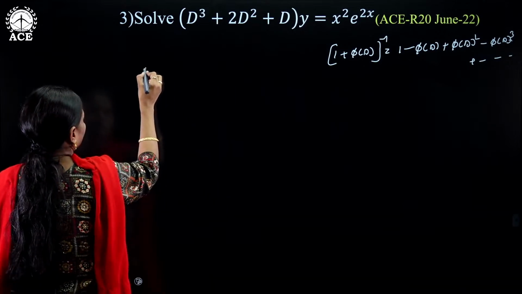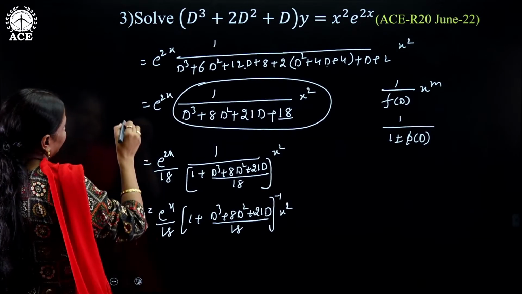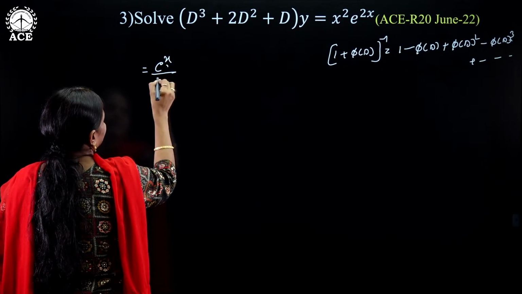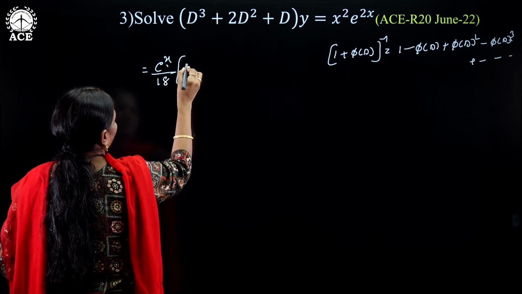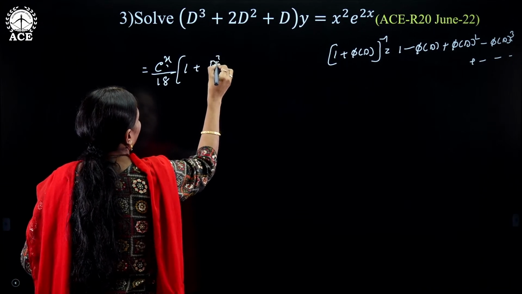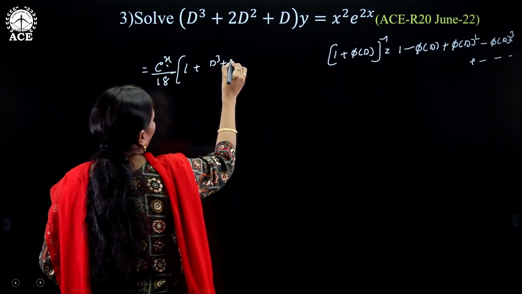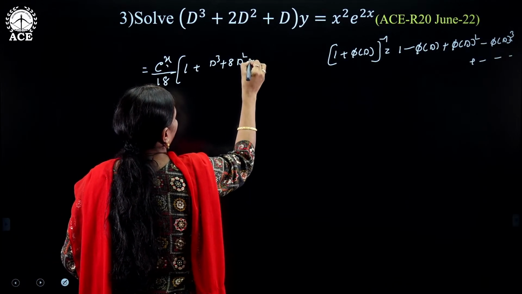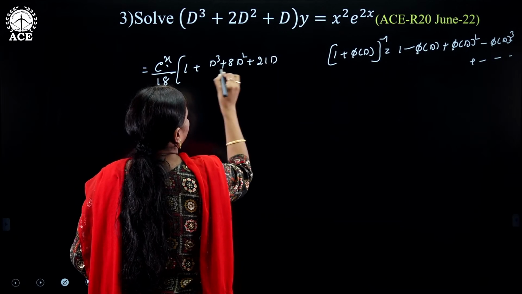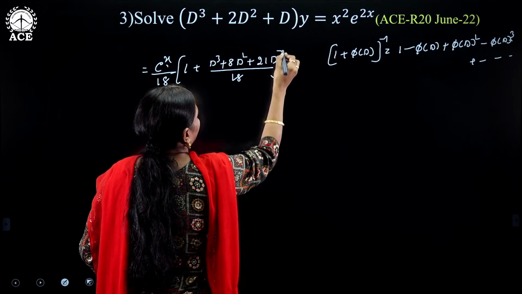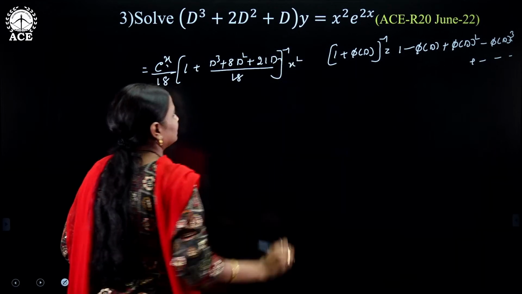Now here, what is our term? Which is equal to e power x by 18 into (1 plus (D cube plus 8D square plus 21D) by 18) into x square.